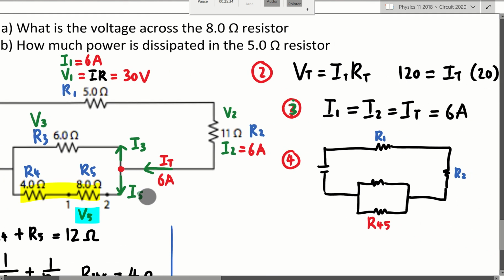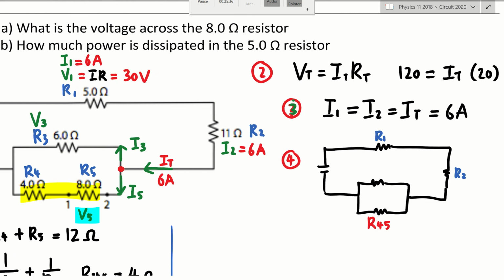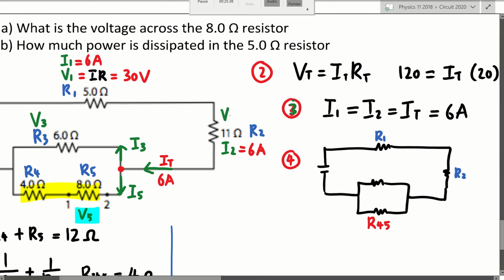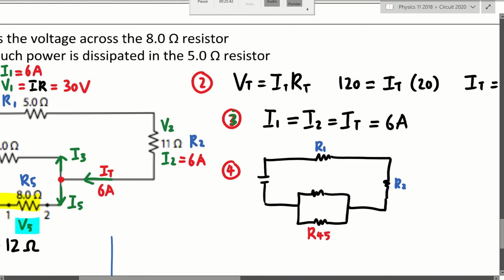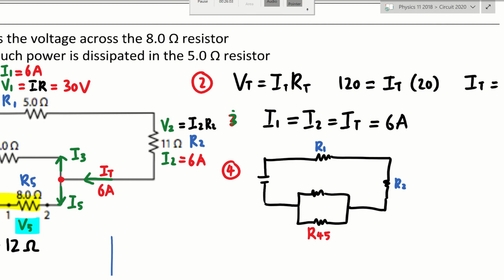Cool. Do the same thing for V2. Because I'm saving space, I'm doing some of these calculations in here. V2 is equal to I2 R2, and again I have I and R right next to the numbers. R2 is 11, I2 is 6. 6 times 11 is 66, right?